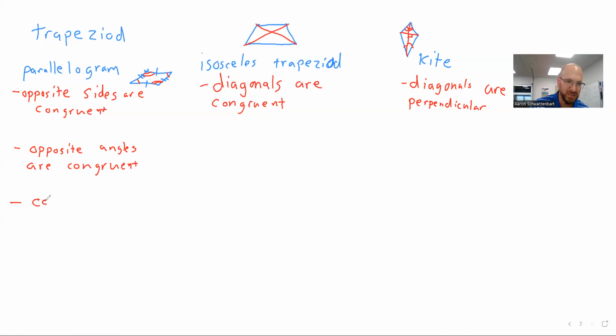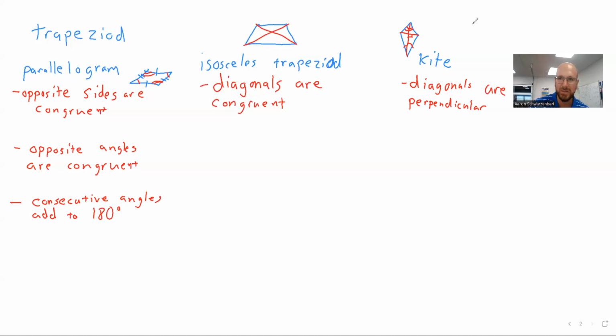Third one, consecutive angles add to 180 degrees.